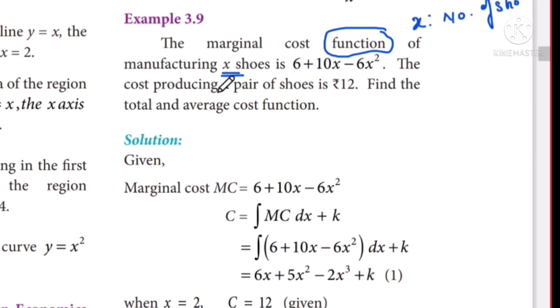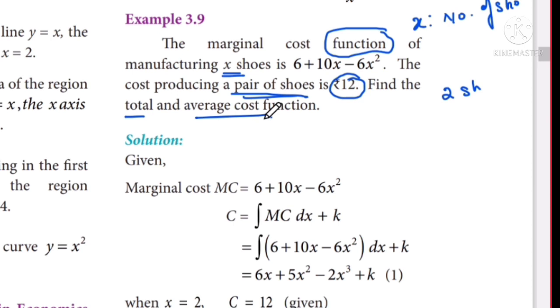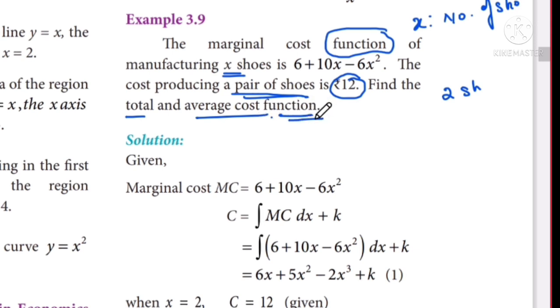The cost of producing a pair of shoes, that means 2 shoes, is 12. Find the total and average cost function. So using this, they ask you to find the average cost and the total cost function.